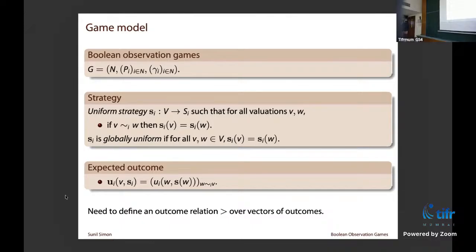No, even then, even if S is uniform, there may be valuations that you cannot differentiate between because you don't see those variables. So the tuple is of size 2 to that many variables. What I was asking was, does the vector just have the same value if S is uniform? I don't think even that is true. The outcome depends on all the variables. Yeah, it depends on the others.